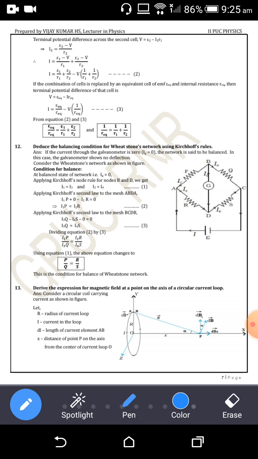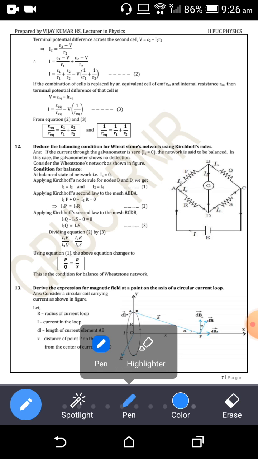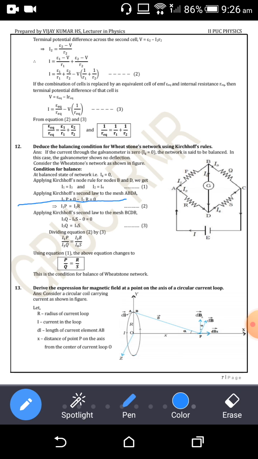We are moving along ABDA. Since we are moving along the current direction, the product of current and resistance is positive. You can see we have written I1P.